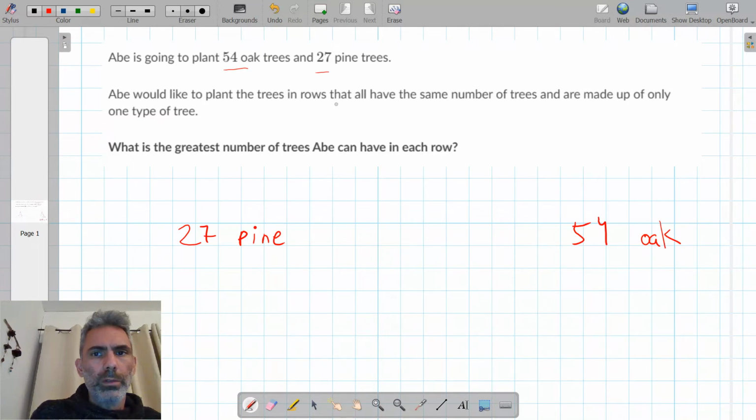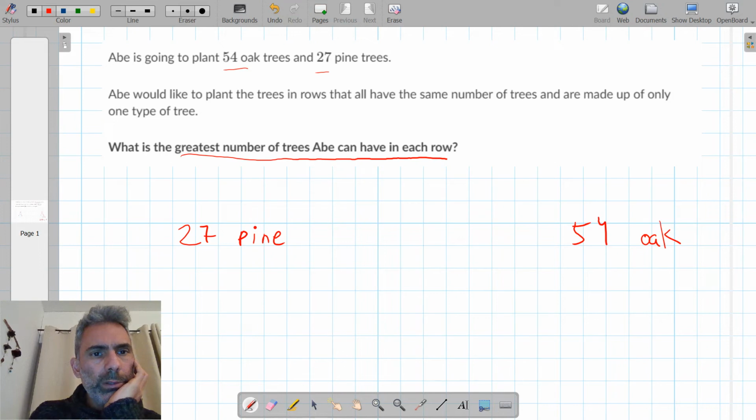Rows that all have the same number of trees. Which is the greatest number of trees Abe can have in each row?